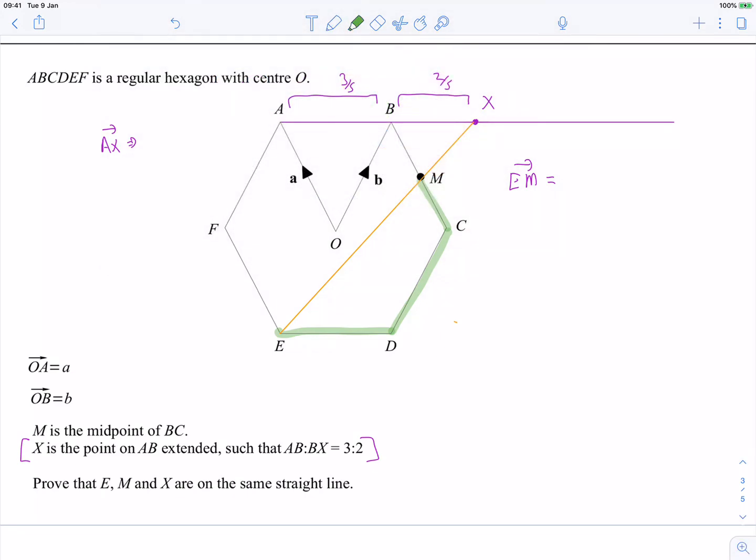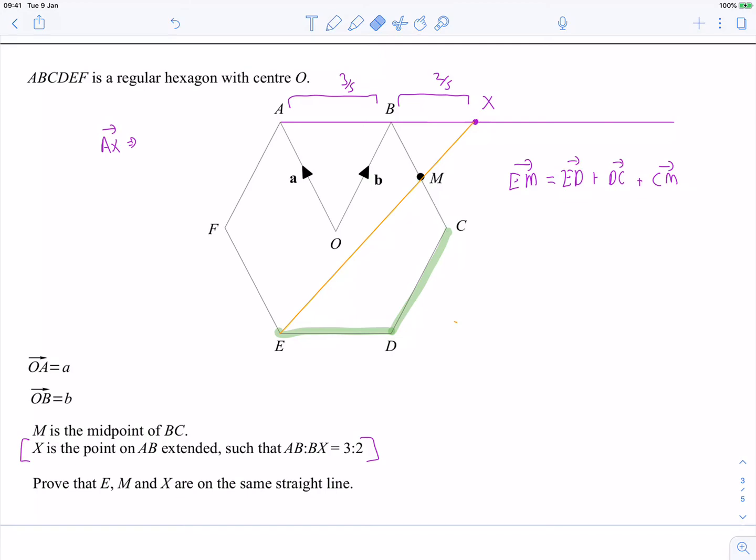I mean, I could go around the other way, or I could just go around the edge of the hexagon. I think it'd be quicker to go anti-clockwise. So it's just E to D plus D to C plus C to M. Okay, what is E to D?